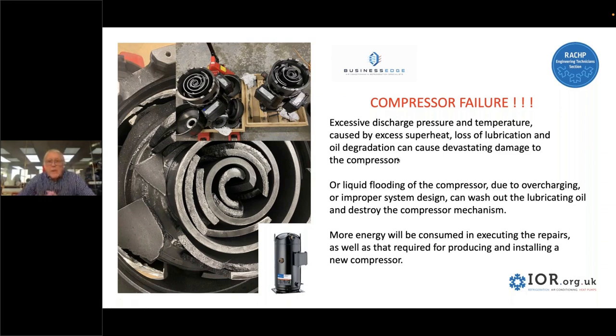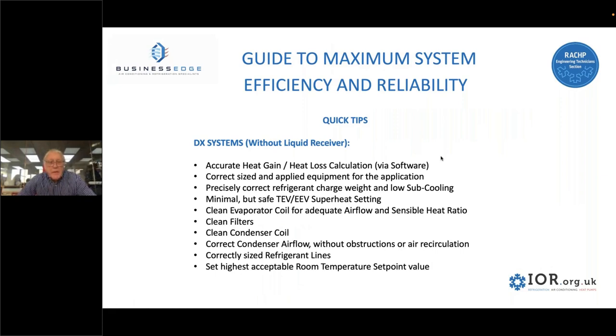So a guide to maximum system efficiency and reliability, just closing out now. Here are some quick tips. I won't read them all out, but if you have DX systems without a liquid receiver, for example, these are the things that we could do to thoroughly improve the performance of our systems.